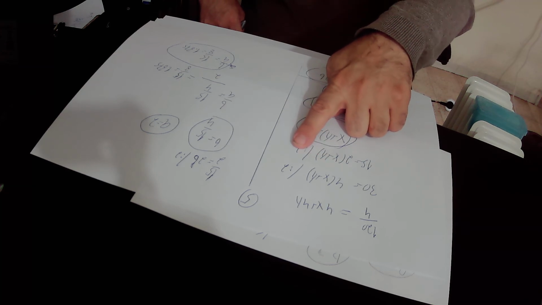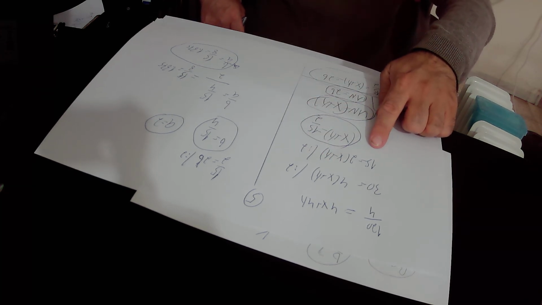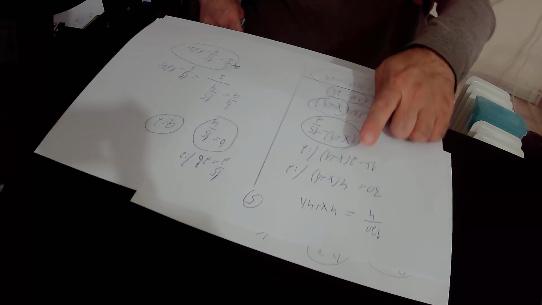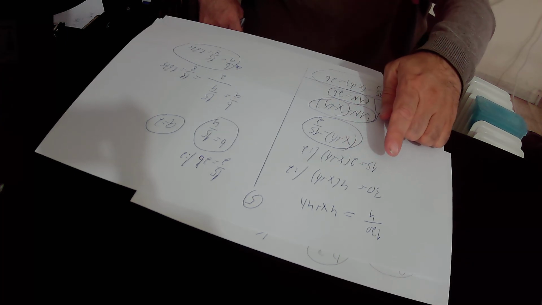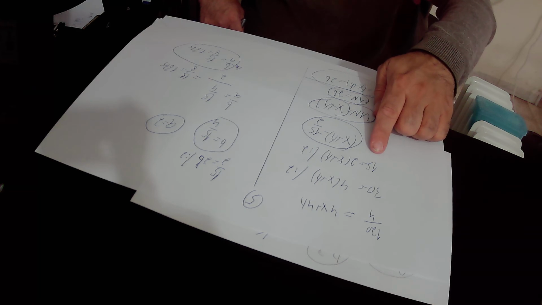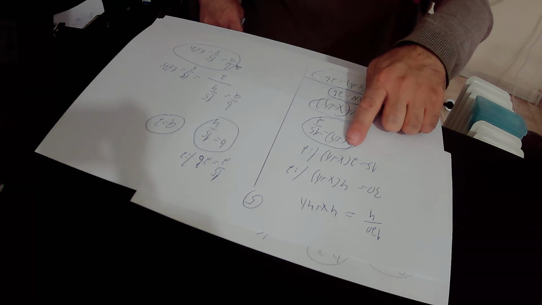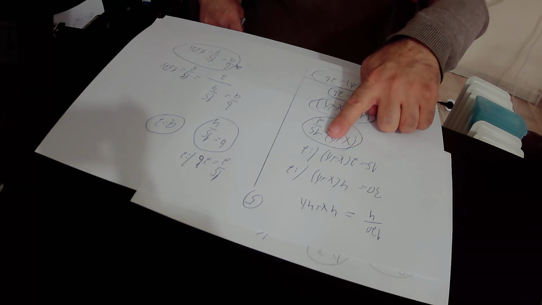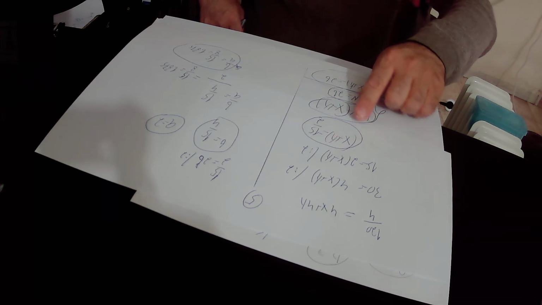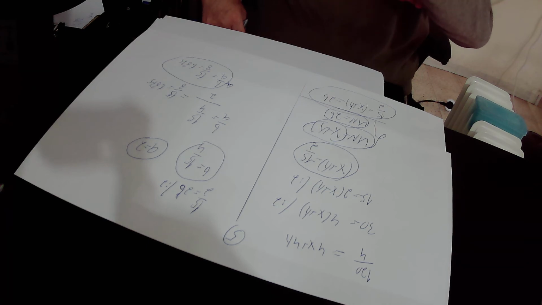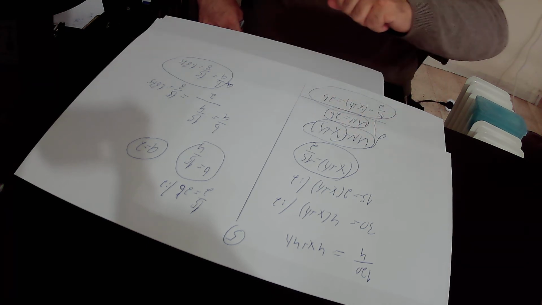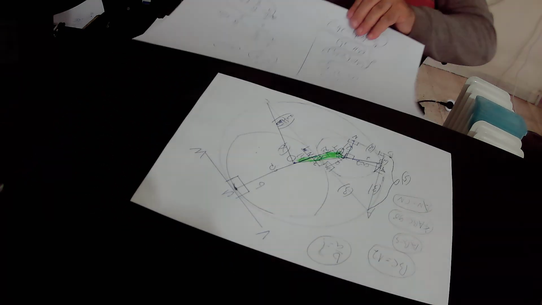We divided this equation by 2 and found out that 15 equals 2 times x plus h. We divided this equation by 2 and found out that x plus h equals 15 over 2.